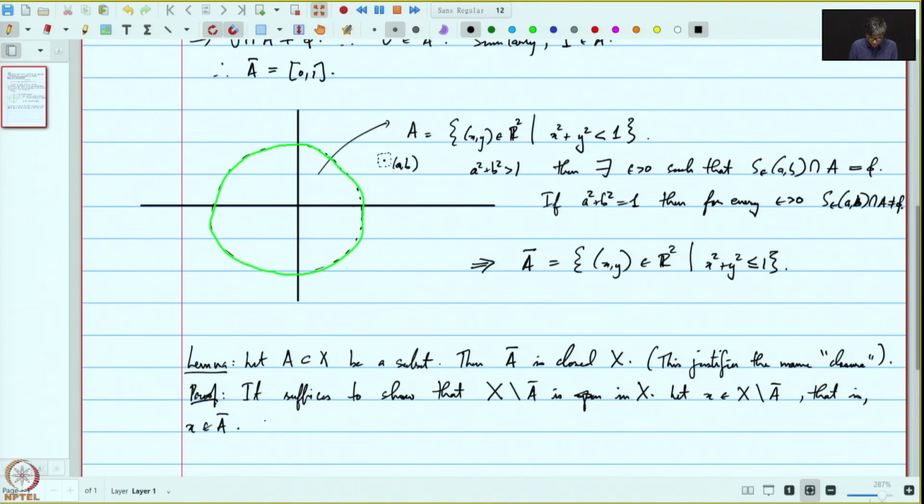But then by definition there exists an open set U which contains x, and U intersection A is empty.